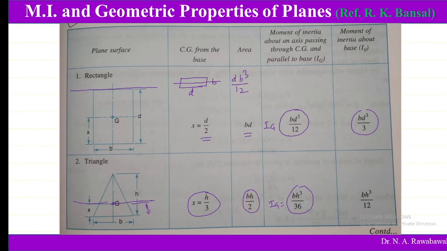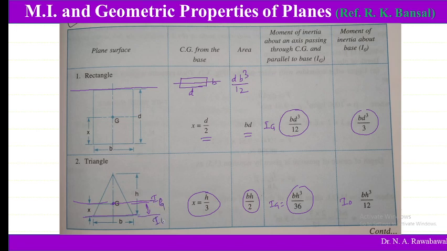The moment of inertia about the base edge is given by BH cube divided by 12. This is IO, and the moment about the other line is Ig.